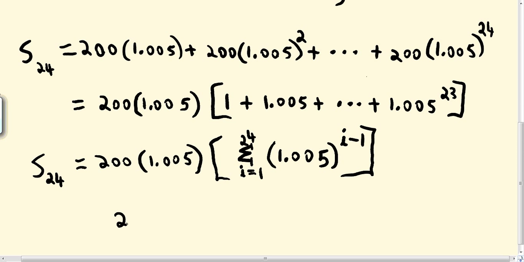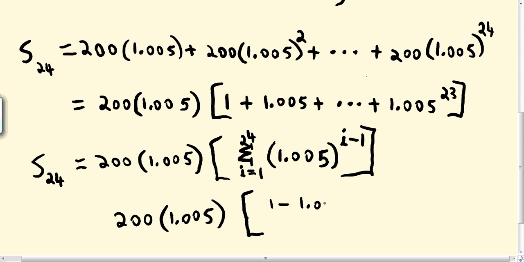So it's going to be 200 times 1.005. And in order to find the 24th partial sum, this is the nth partial sum formula with n equal 24. It's going to be a1, which was 1, remember, times 1 minus 1.005 raised to the power of 24, this number right here, 24, divided by 1 minus 1.005.